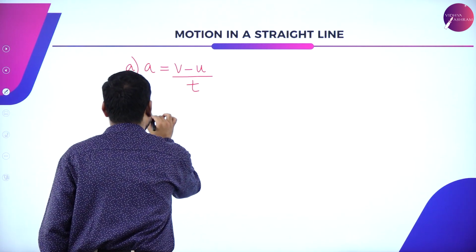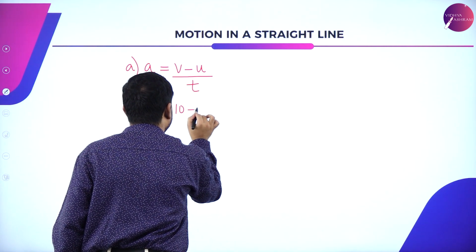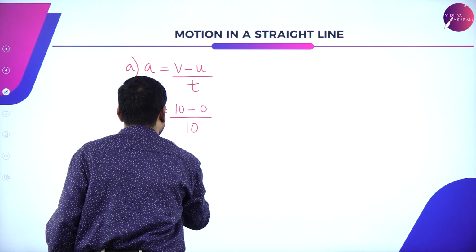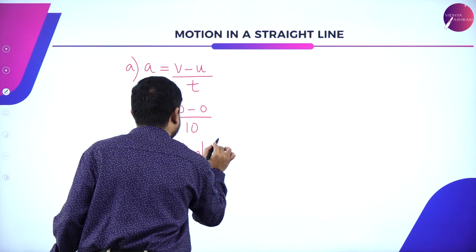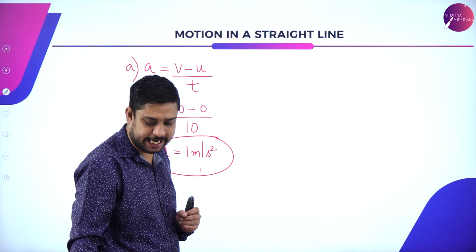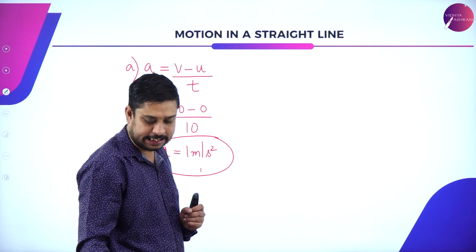So, this is a. v is 10 minus 0 by 10, 1 meter per second square. So the acceleration gained is 1 meter per second square.